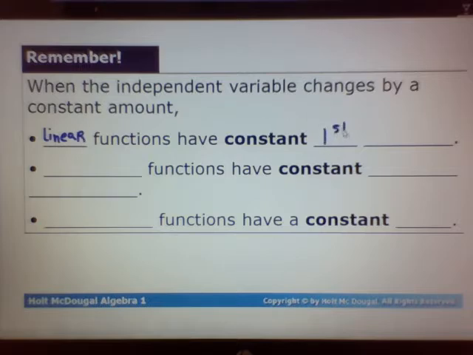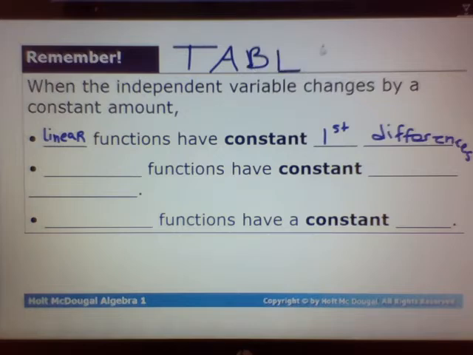So this is when we're talking about tables. I got it. Okay. So again, this is when we're looking at a table and not just a graph.